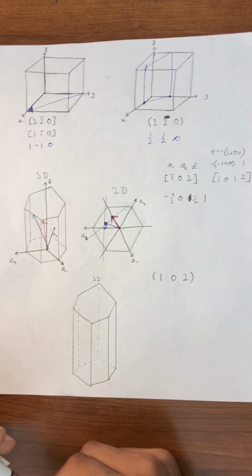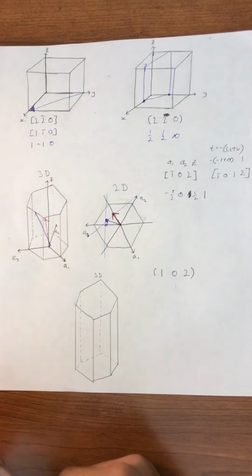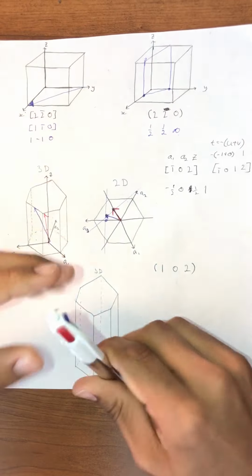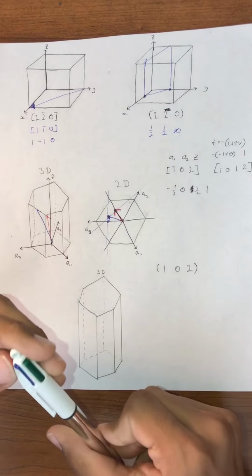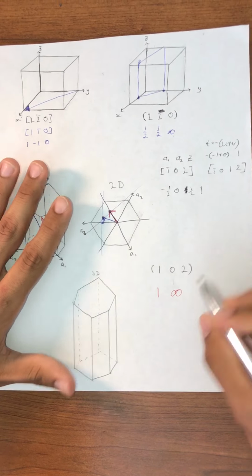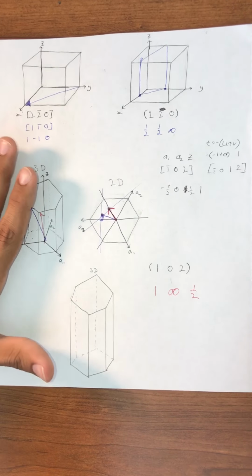And finally, to end off the video, we're going to look through planes in hexagonals. So once again, you start off by getting your reciprocals. In this case, the reciprocals would be 1, infinity, and half.